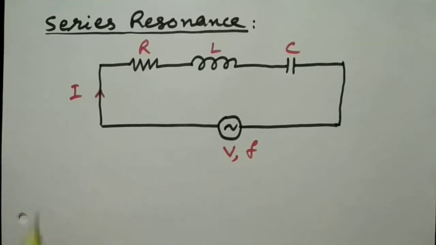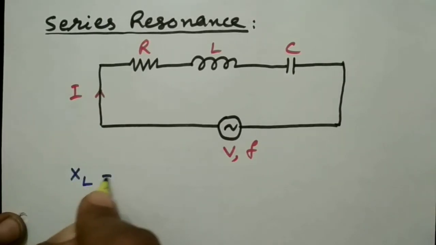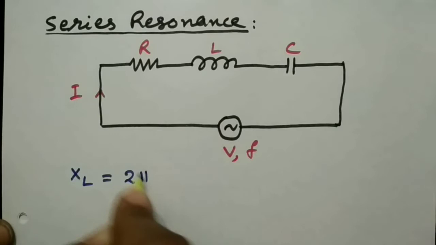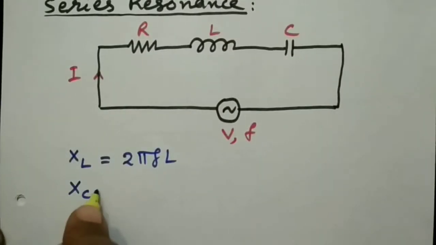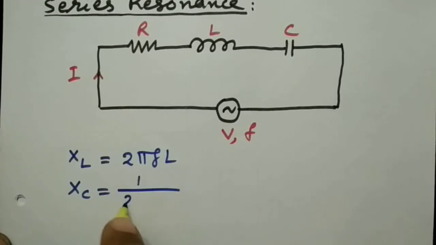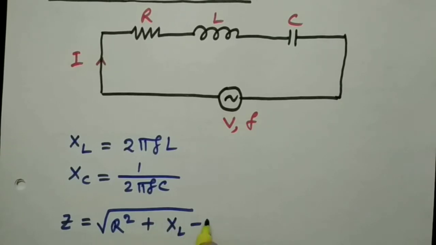We know that XL, the inductive reactance, is 2 pi FL, and the capacitive reactance XC is 1 upon 2 pi FC. So the total impedance of the circuit Z is square root of R square plus (XL minus XC) whole square.